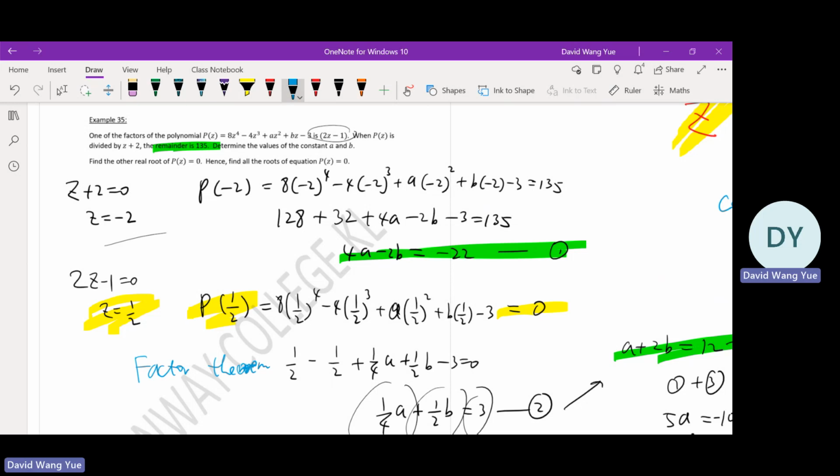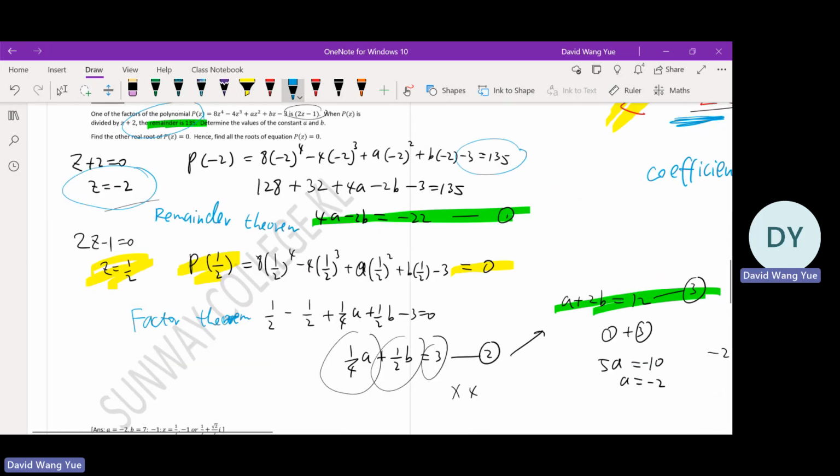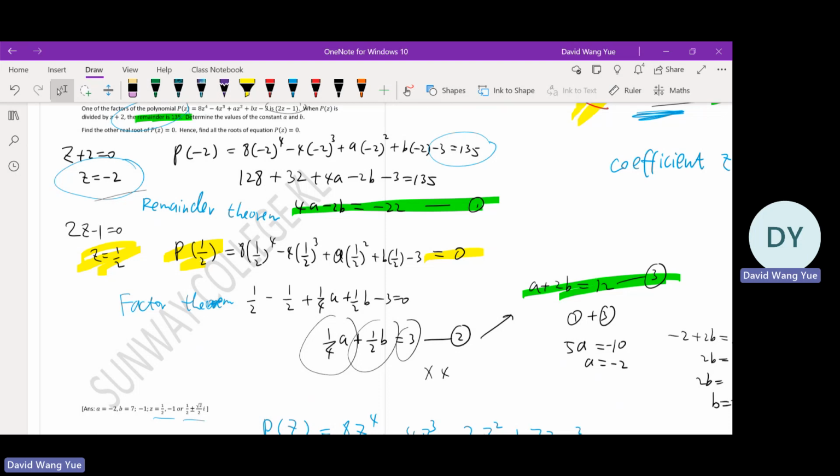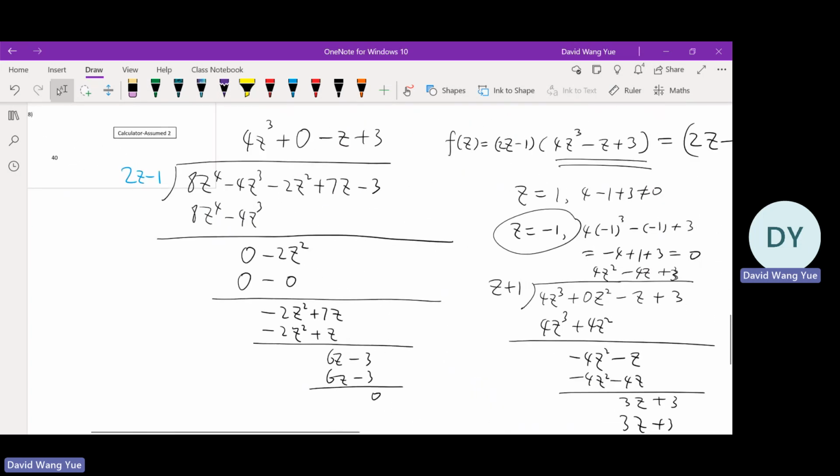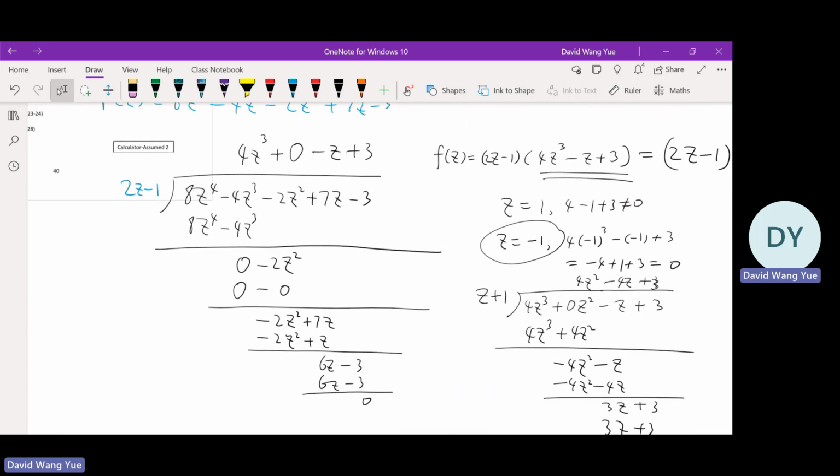Okay, and then we also sub z equals -2 to get 135 because 135 is a remainder. So here we use the remainder theorem. We get the two equations of A and B. We find A and B. Okay. Now we know that 2z minus 1 is one of the factors. So we do the first round of long division to get the cubic function.